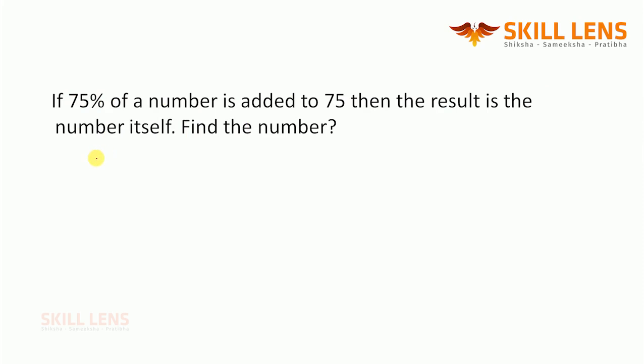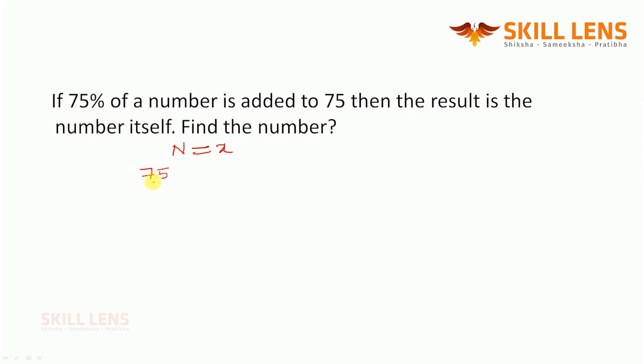75% of a number. Guys, when you talk about 75% of a number, first you don't know the number. So let's assume the number is equal to x. Then 75% of x is added to 75, and the result is the number itself.